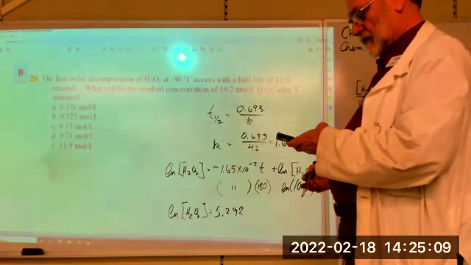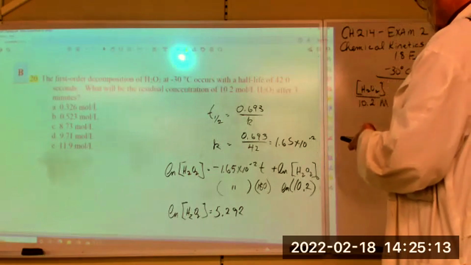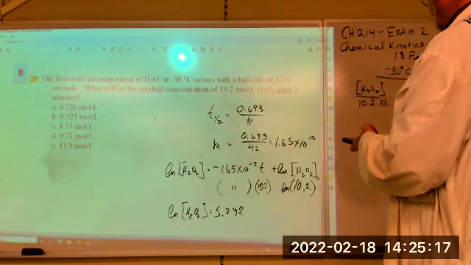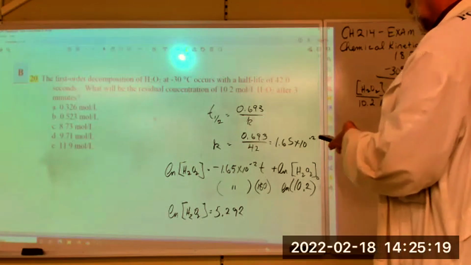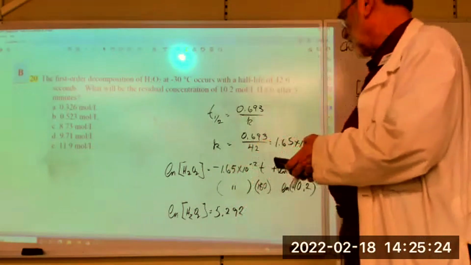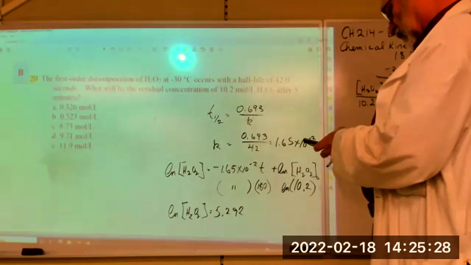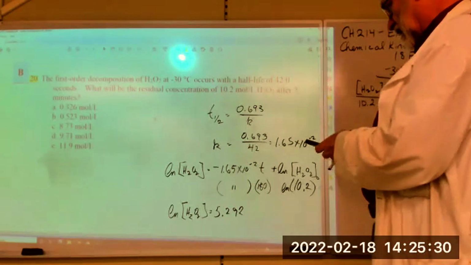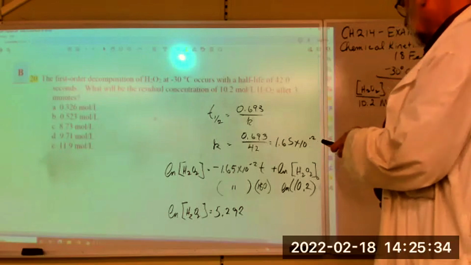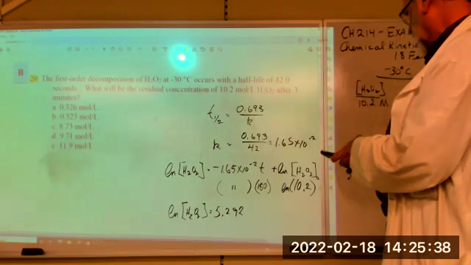And I get, that doesn't look right. I did something wrong. Let's go back. 1.65 exponent, we need to change the sign. And let's change the sign on that one. And then we'll take the 180 times that. Okay.